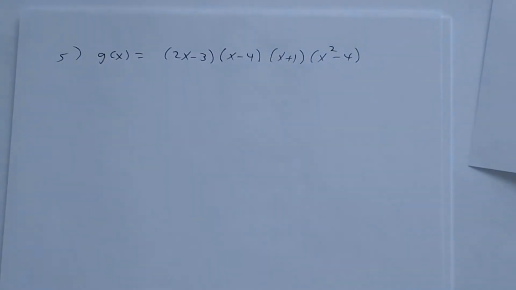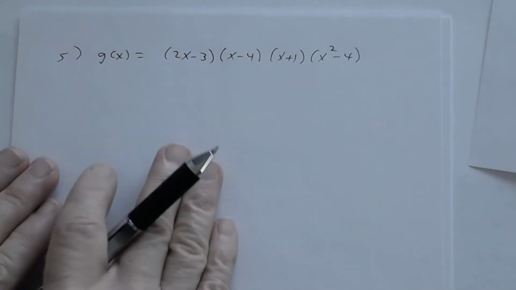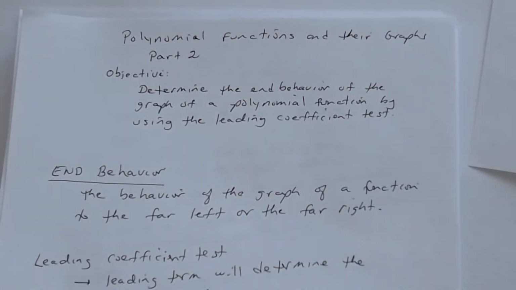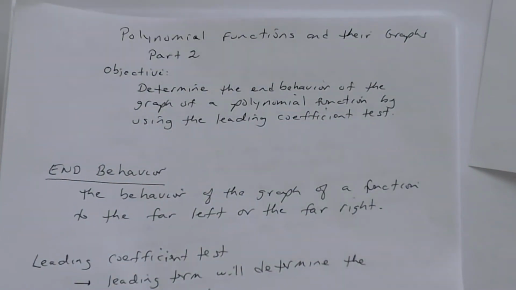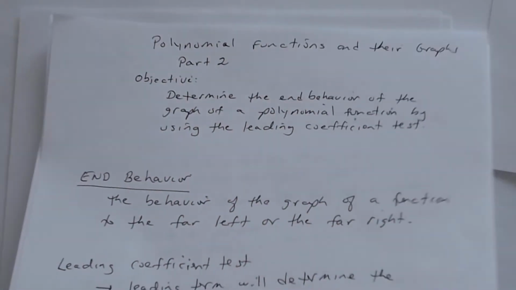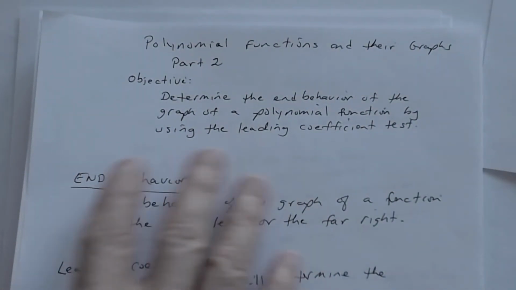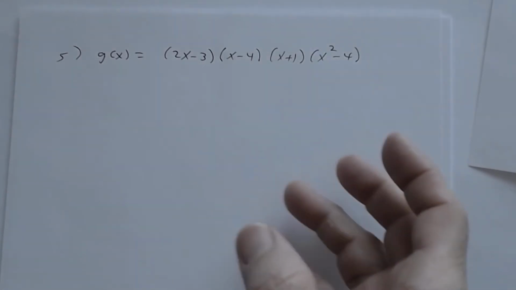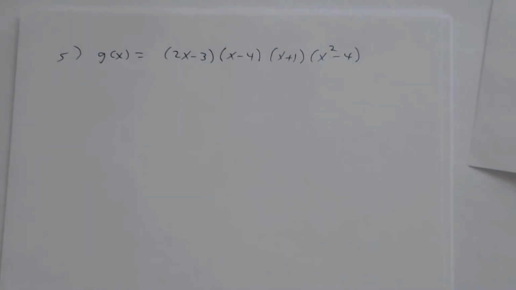So it is very important you go back to the previous lesson, lesson 2, to review that part as well. We're going to talk about it, but the understanding is very important: go back and understand why it is that in factored form we do it this way. Okay, so let's look at number 5.